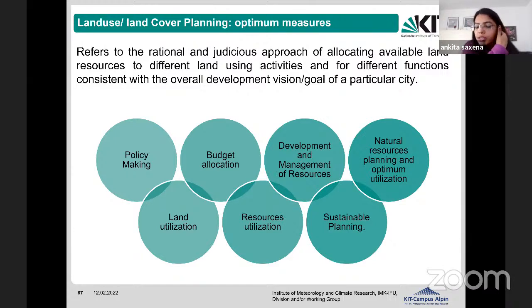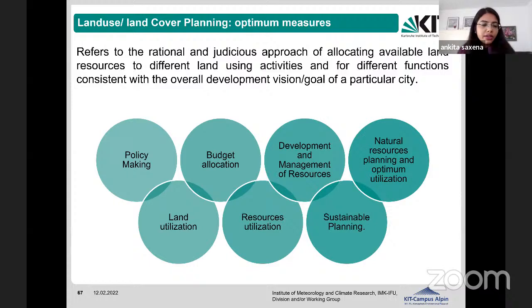And also natural resources can be well planned and optimized, because maybe its carrying capacity may not be sufficient to cope with such a large population or urbanization. So if we are well informed with future projections, then yes, it can be planned.